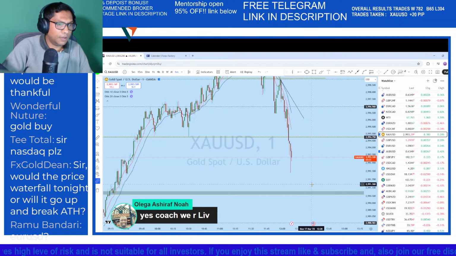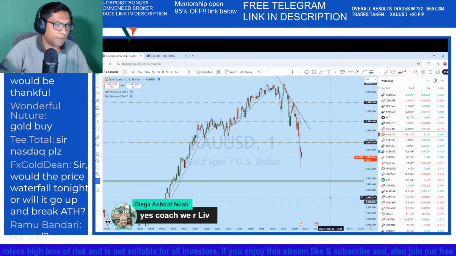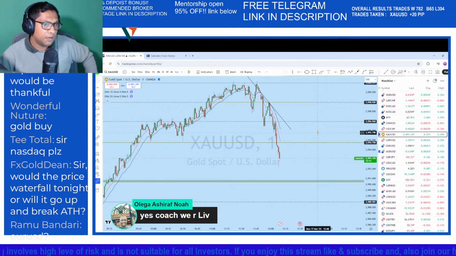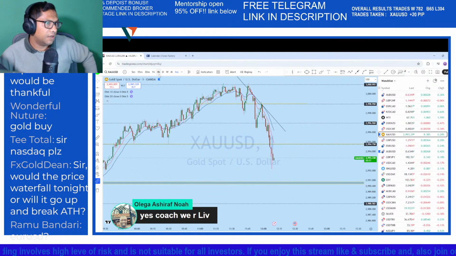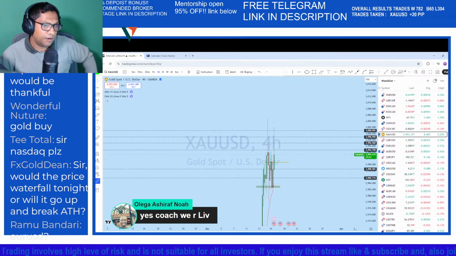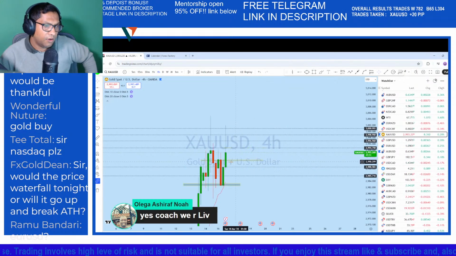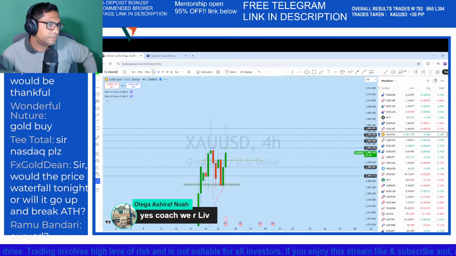We can see a break below here, and it might lead the price back down. There is a significant drop here, and it's almost coming to that 4 hour support level.